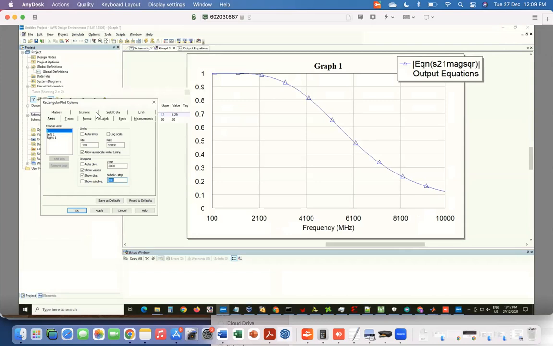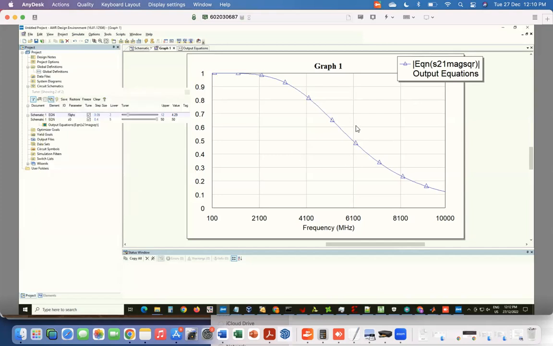Second. Okay, I guess it doesn't matter. We can choose whatever frequencies.